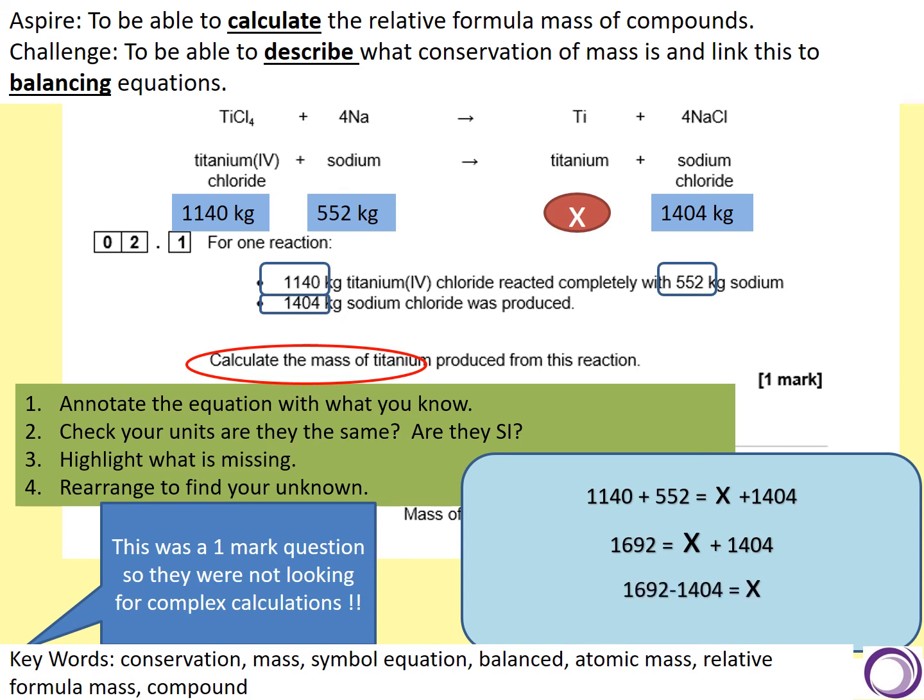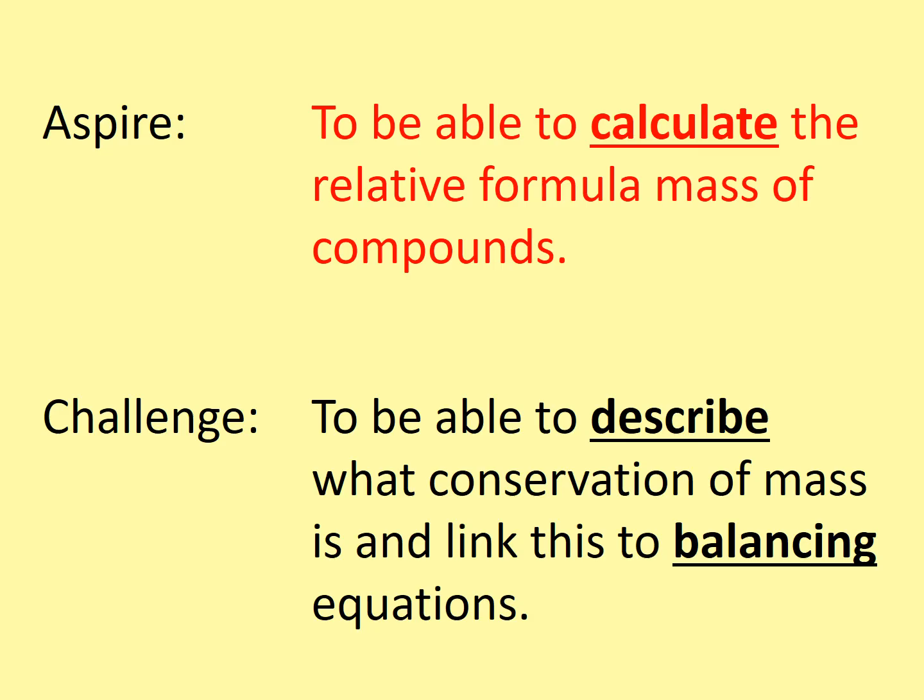Simplify that down, rearrange it, and we end up with a mass of titanium of 288 kilograms. So now we are able to do that final aspire part of our challenges.